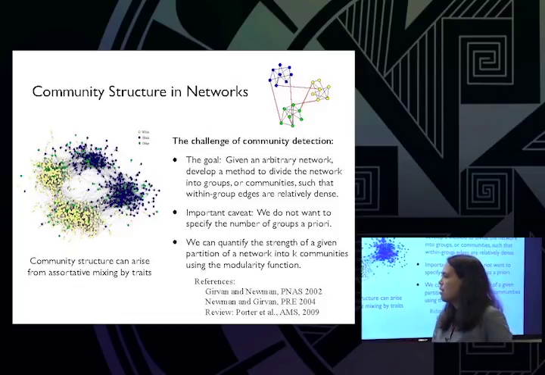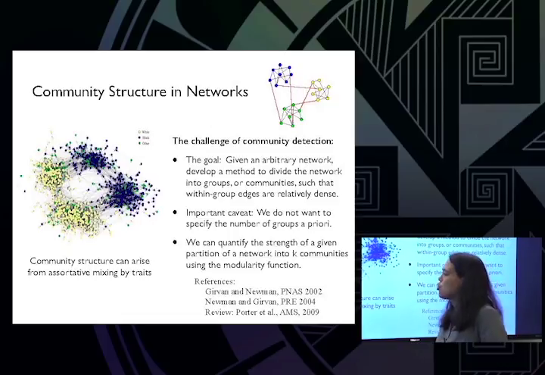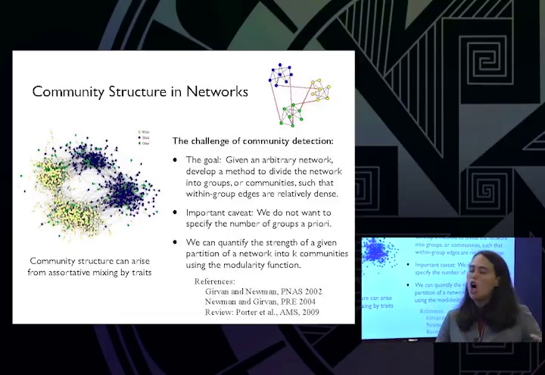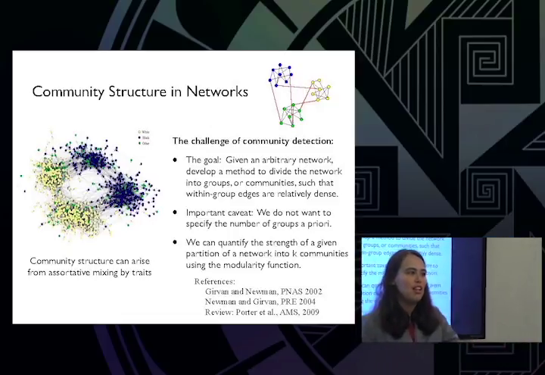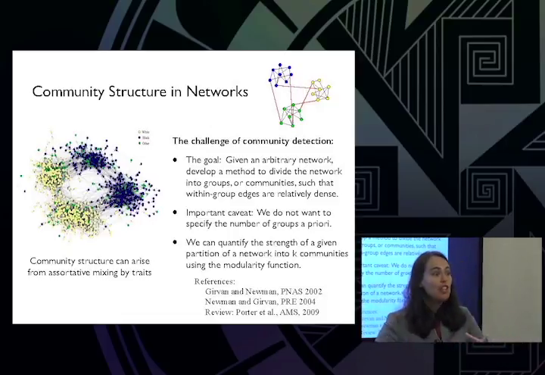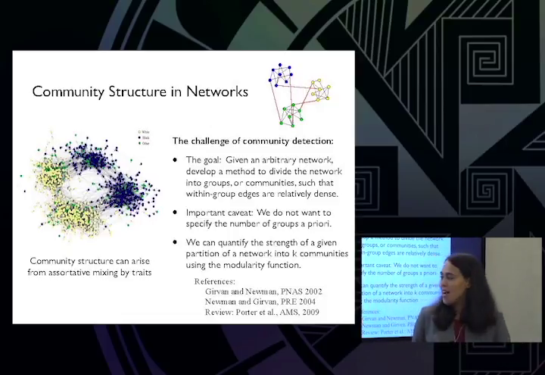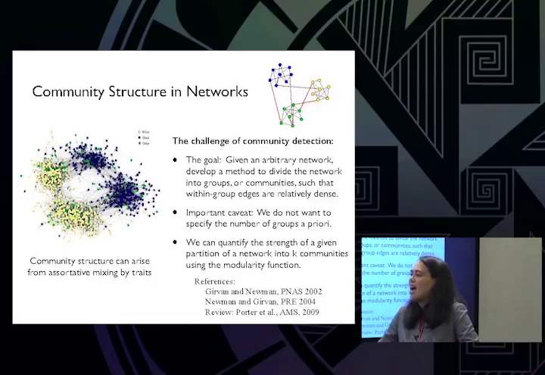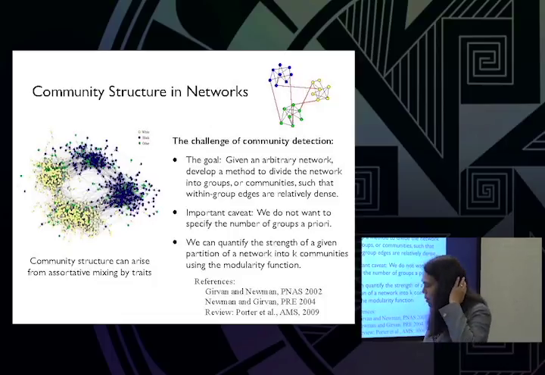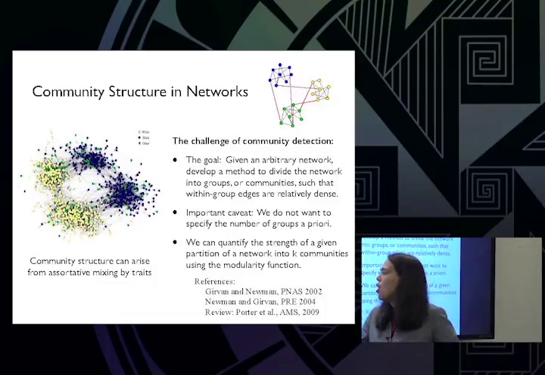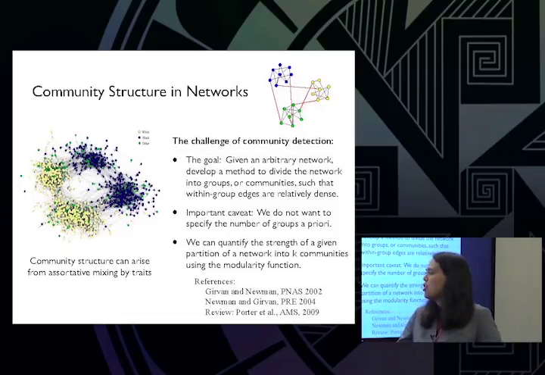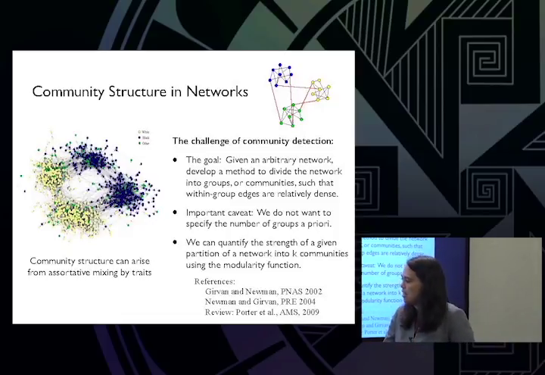So one thing we can do is consider all possible partitions of the network into all numbers of groups, and have some kind of objective function that quantifies the strength of a given partition of the network into k communities. And that is this modularity function that I'll just talk very briefly about.